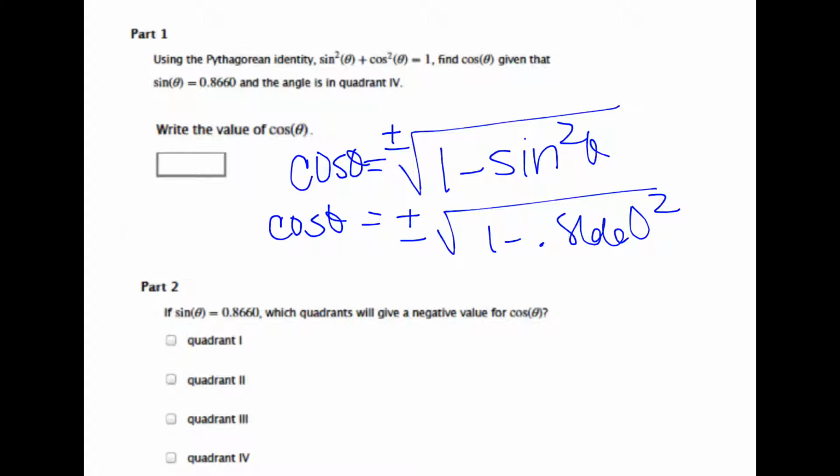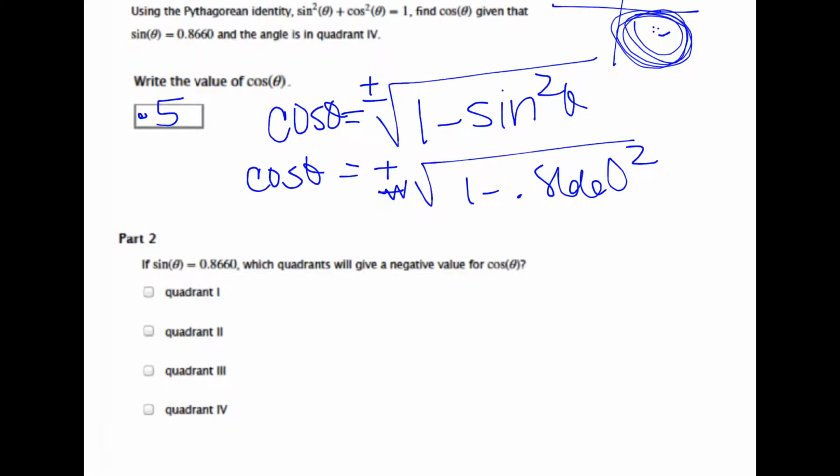So that would be 0.5. It's 0.5000, so it also says that the angle is in quadrant 4, and this is talking about right here. Is cosine positive or negative there? So that would be positive, so we ignore the negative, so it would be positive 0.5.